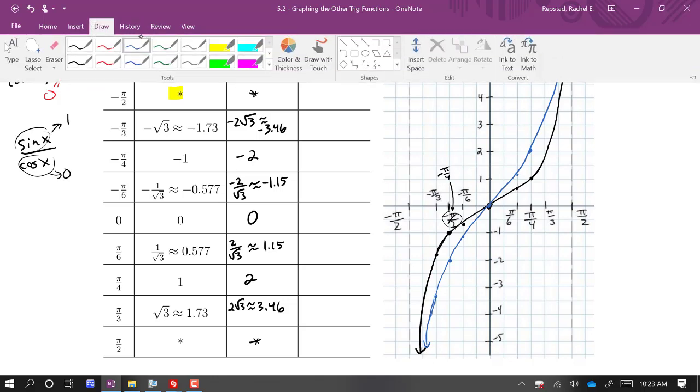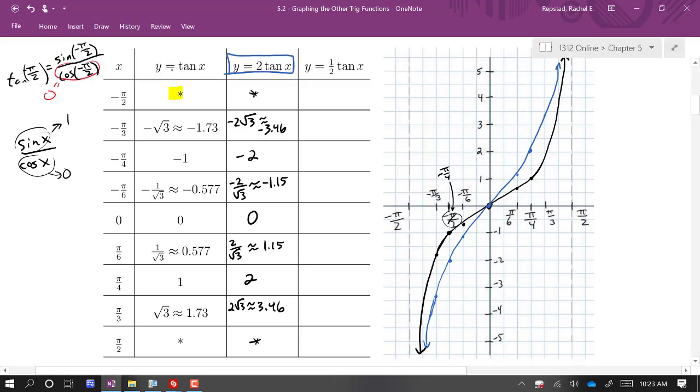And if we do one more, I'll do this one in green, I think. 1/2 tan x, of course, that's still going to be undefined there and there. This will be negative root 3 over 2, so I'm just taking these values and cutting them in half.